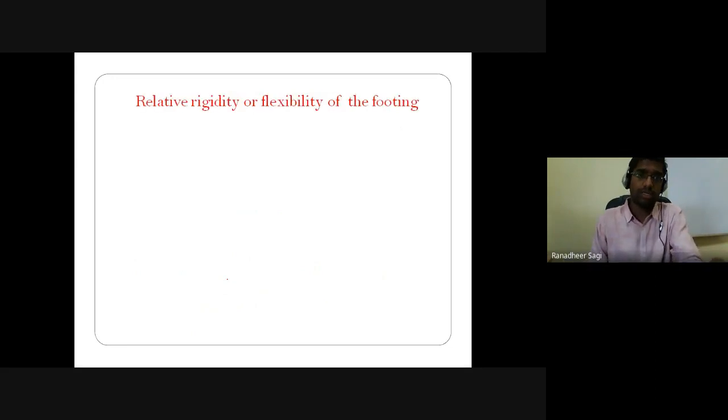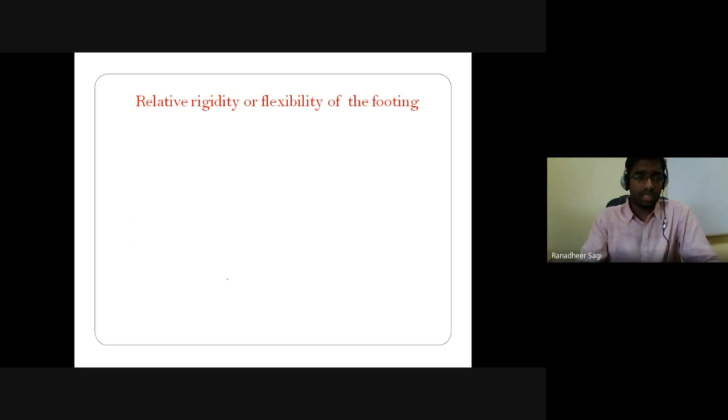So the first factor is based on the relative rigidity or the flexibility of the footing, and how the contact pressure distribution is going to depend on it. See, this concept of contact pressure distribution is something you commonly see in most of the competitive examinations. It could be in your IES or GATE or any other objective oriented examinations that you come across.